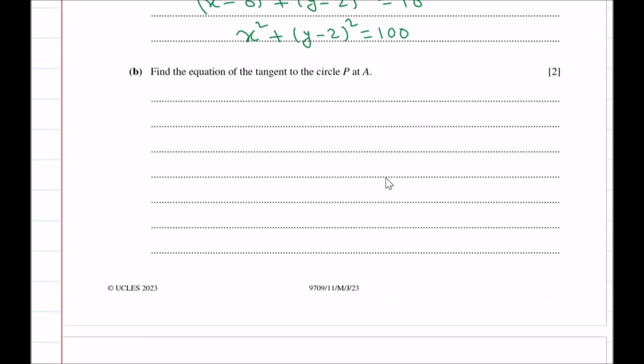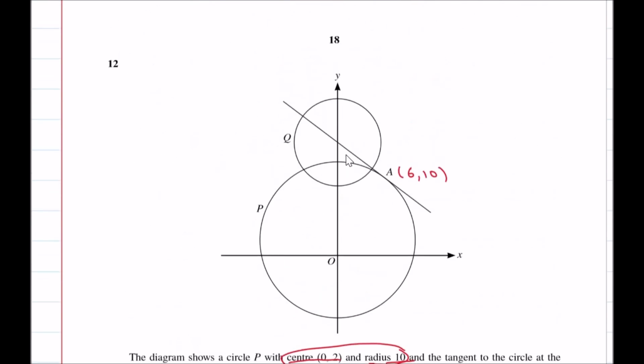Now let's go to the part B. Find the equation of the tangent to the circle P at A. So equation of the tangent we need to find. To find the equation of the tangent, here you can see passing through A, we need the gradient. Point is known.